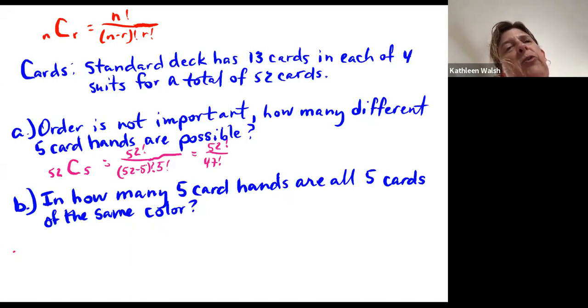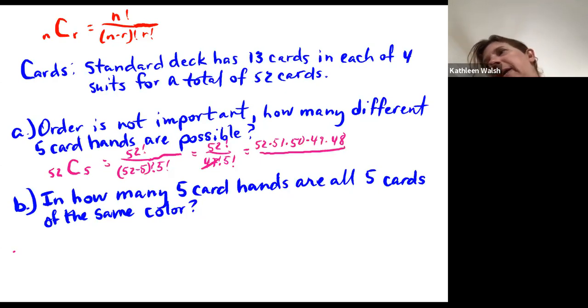Well, that's equal to 52 times 51 times 50 times 49 times 48, all divided by, and that knocks out that 47 factorial, times 5 factorial, and that simplifies to 2,598,960 combinations.